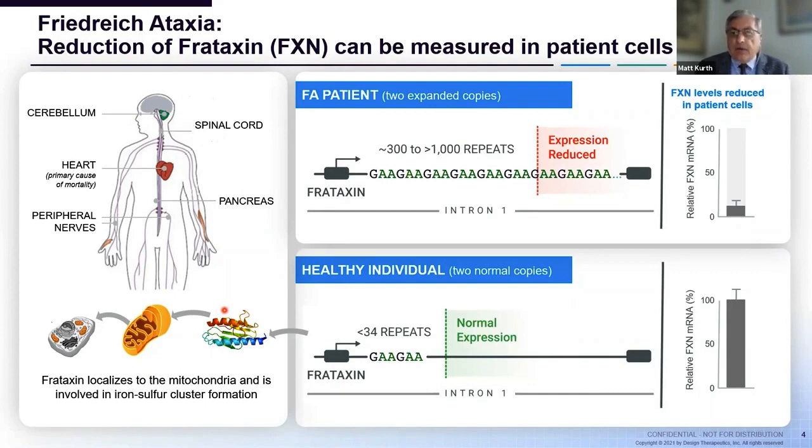The actual reason for having reduced frataxin expression is that patients have two expanded copies of an intronic GAA triplet repeat that literally acts as a brake to the ability to convert the DNA information into RNA information. The result is that there is a significantly reduced amount of frataxin in patients with Friedreich's ataxia, as seen on the right side on top. Compared to the normal expression of the gene, you see full expression of the frataxin RNA, and that converts, of course, into the frataxin protein.